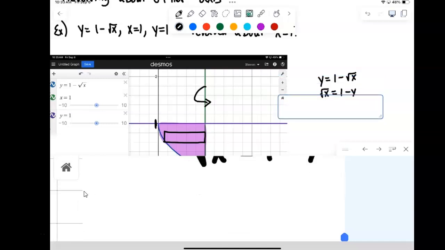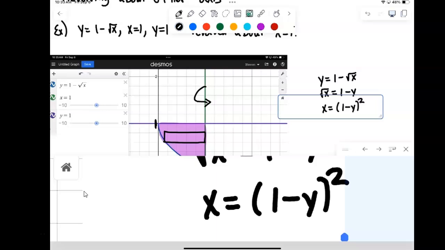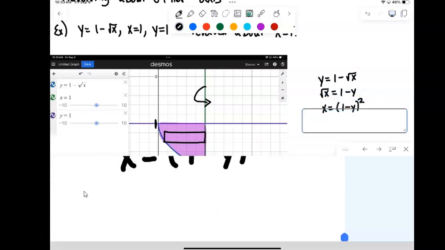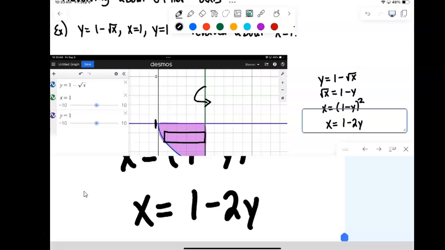So square both sides. x would be equal to (1 minus y) squared. Okay, so x would be equal to 1 minus 2y plus y squared.